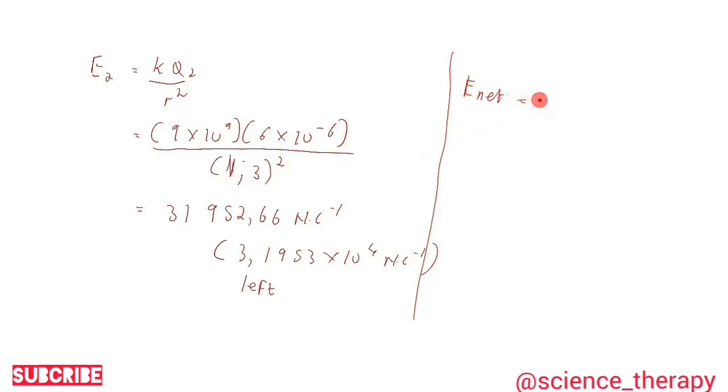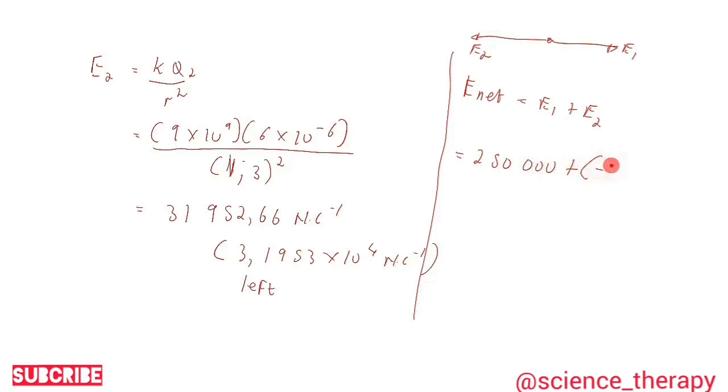Then E net is equal to E1 plus E2. So indicating our directions, this is E2, right? And then this is E1, right? Then what is the value for E1? We have 250,000, and then plus our E2, remember, is now a negative, right?